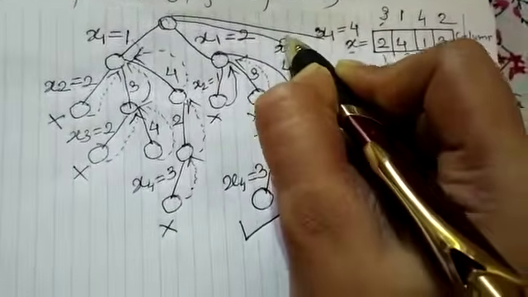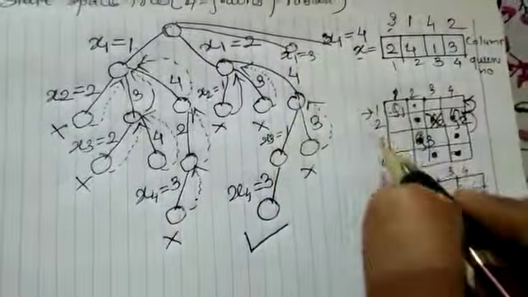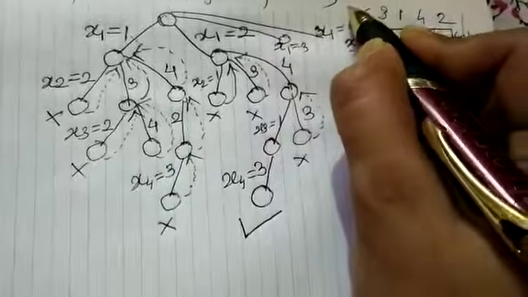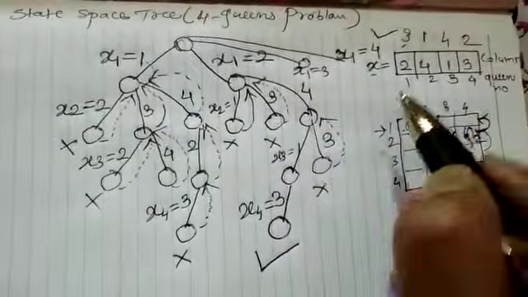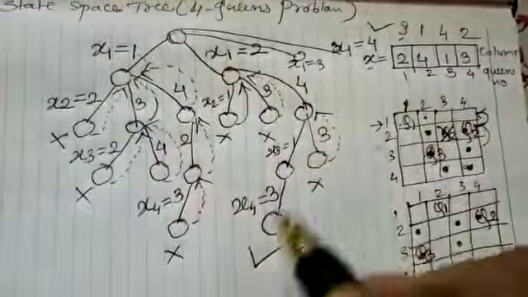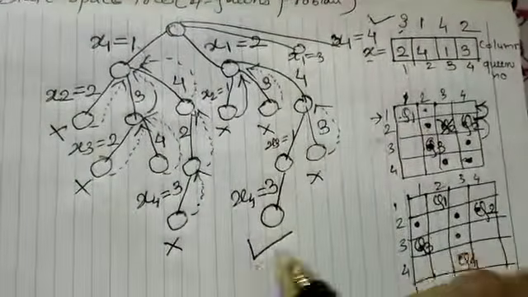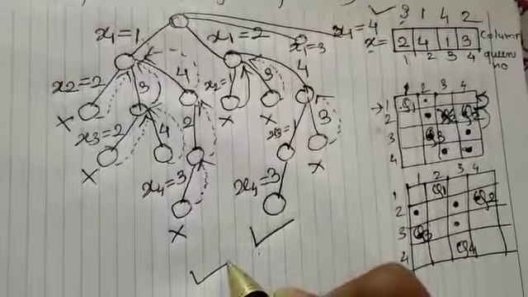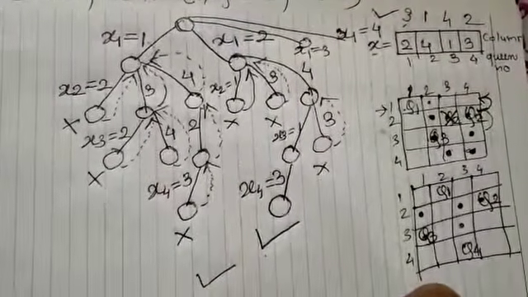If I consider x1 equals 3 and expand this branch further, then I may get this solution. But as I told you, in an exam you are expected to show at least one solution. So if you draw this much of the tree, then you will get whatever marks are specified for the question.